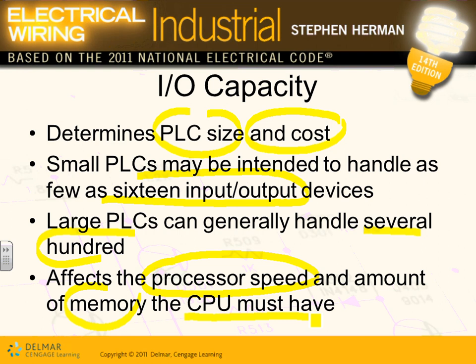So there's a happy medium: this PLC can handle this amount of input-output devices. If you go higher than that, you have to go to different levels of PLCs. Any comments, guys? Any questions? When you build your PLC system, you will probably need a lot of training to do that. Keep in mind that how many input-output devices you have will decide what type of PLC processor you're going to have.